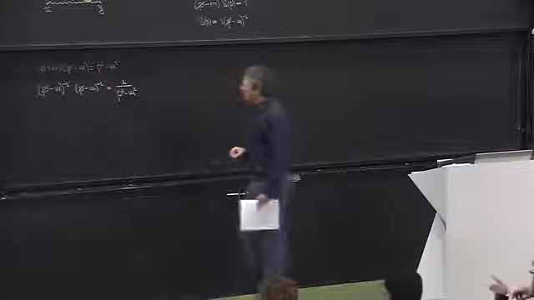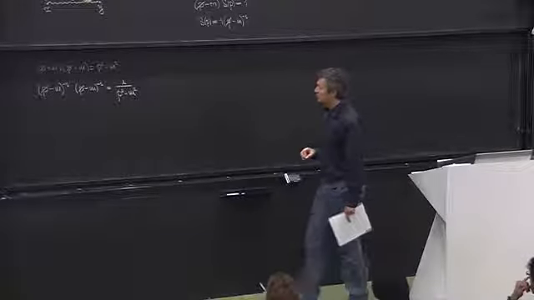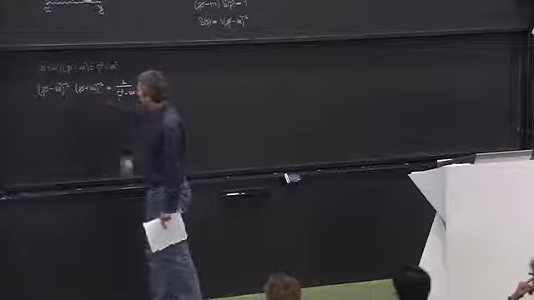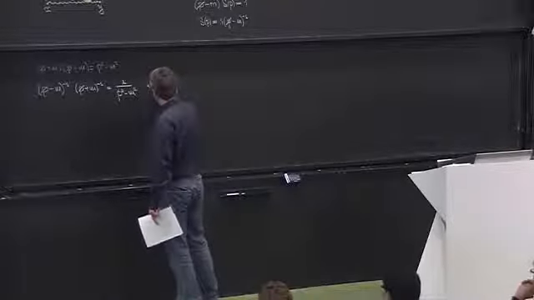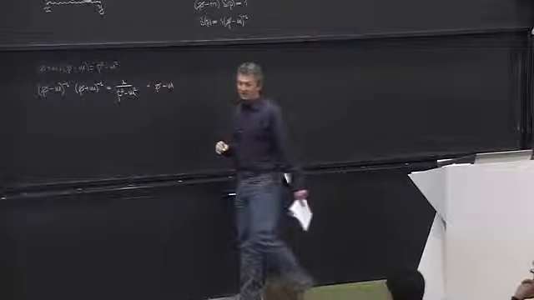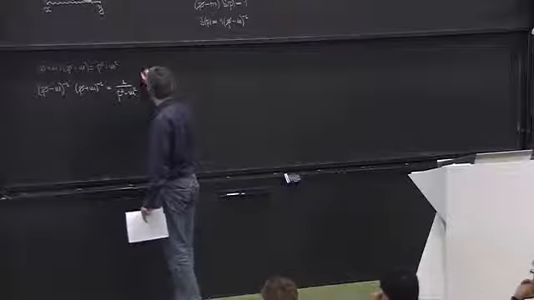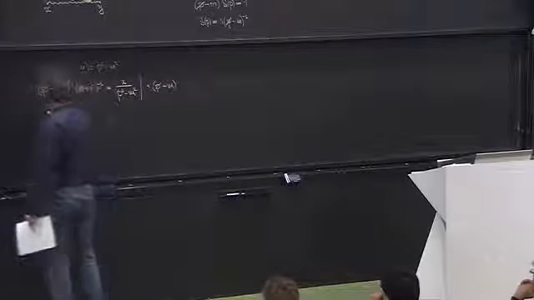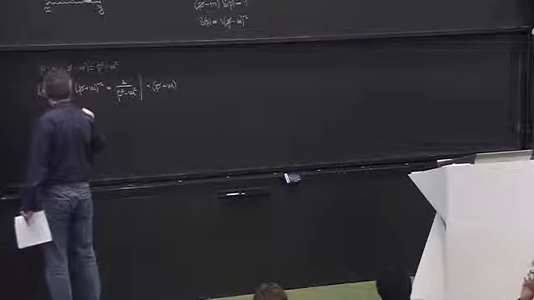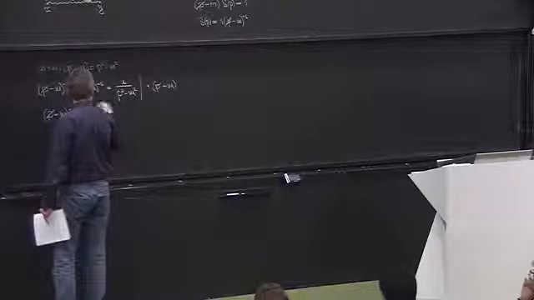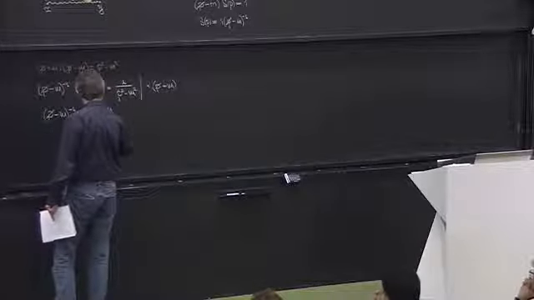And on the right-hand side we have the inverse. So then we multiply this equation by p-slash plus m from the right. And so on the left-hand side we get what we wanted to compute, while on the right-hand side we get p-slash plus m divided by p squared minus m squared.